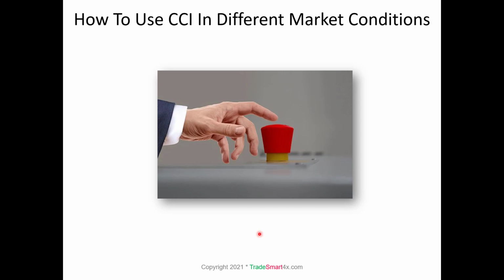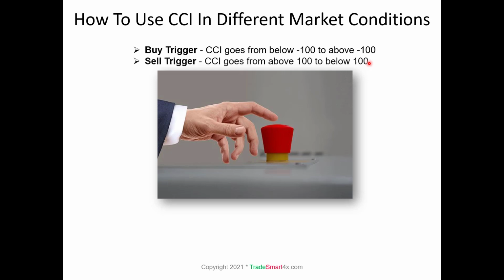So how do you use the CCI in different market conditions? Remember we talked about the buy trigger when the CCI goes from below minus 100 to above minus 100, and the sell trigger when the CCI goes from above 100 to below 100. If you identify an uptrend, then you want to look for buy triggers.